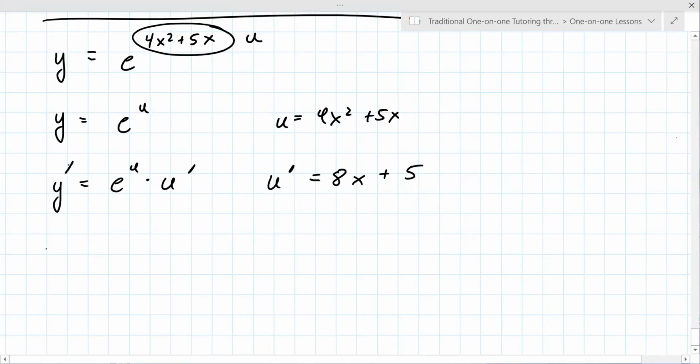And how did you find the u prime? By the power rule, right? Yeah. So y prime equals e, and then you put your u in. Your u is 4x squared plus 5x, and your u prime is 8x plus 5.